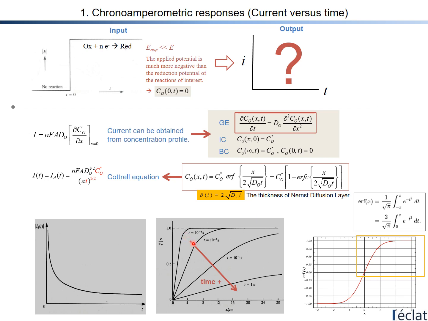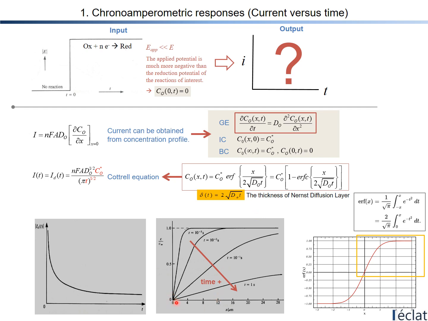As time goes by, the concentration gradient would decrease. Therefore, current decreases with time. The most important thing is that at any time we find the common thing: the surface concentration should be 0, which comes from the second boundary condition.